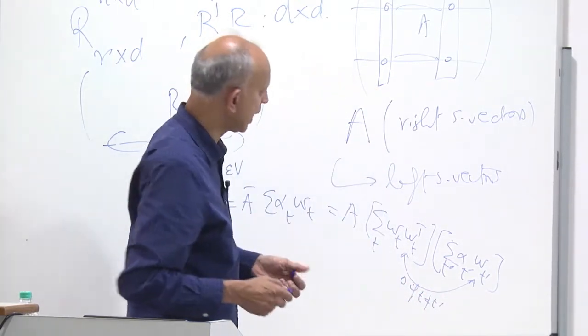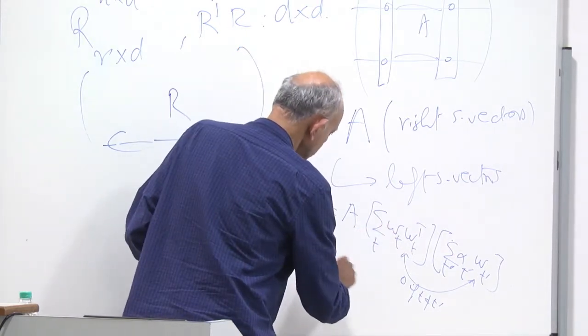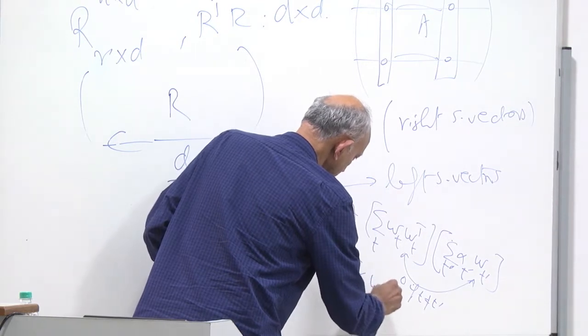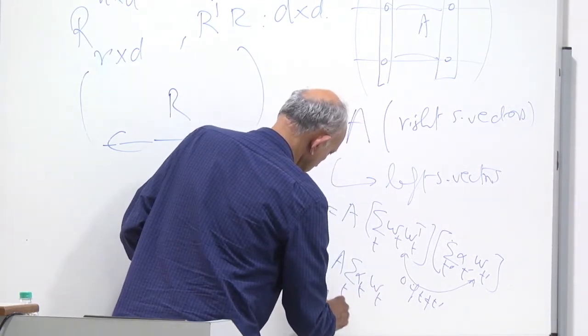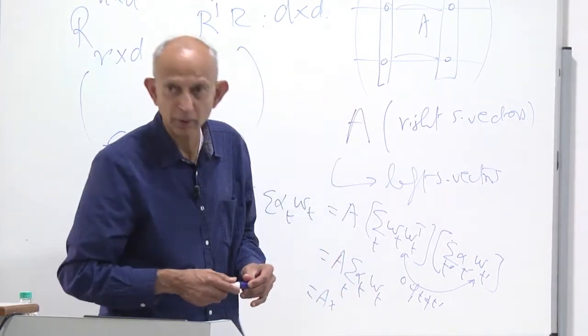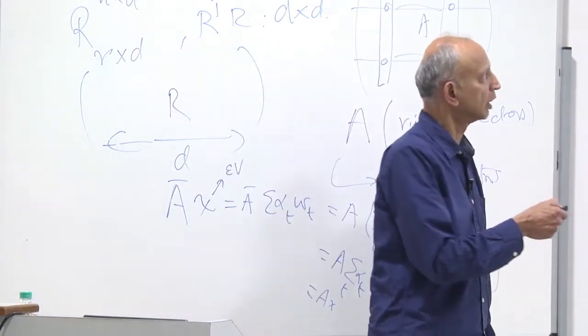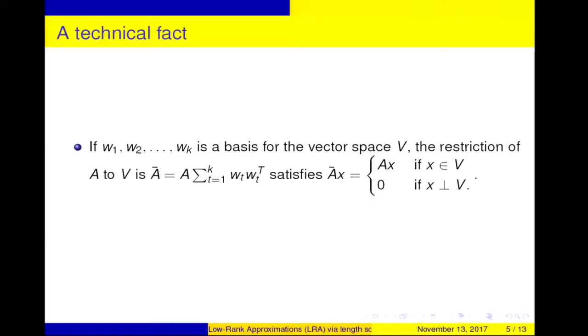So those terms go away, and only the terms with matching w remain. Then you just get alpha t w t, and that's equal to Ax. Okay? So restriction just means it does what A does in that subspace. Orthogonal just zeroes out. Orthogonal is also null space.